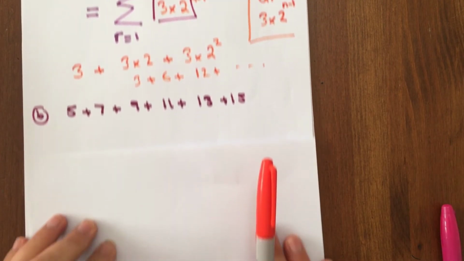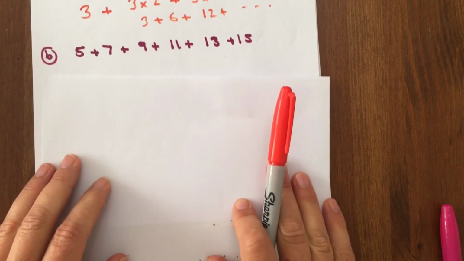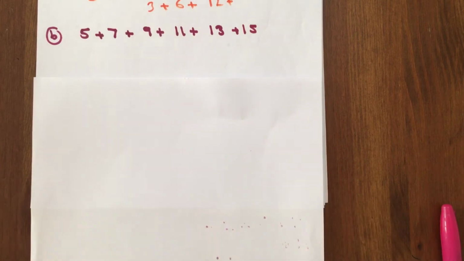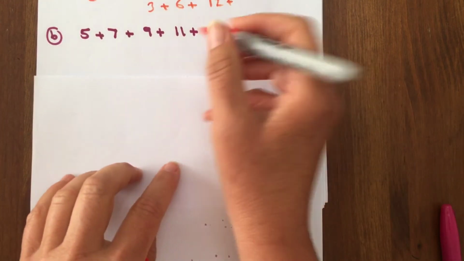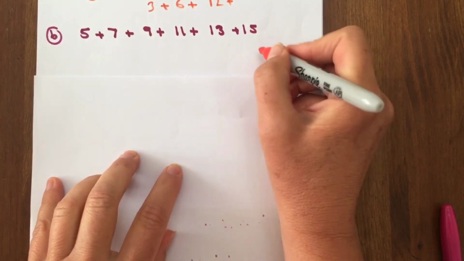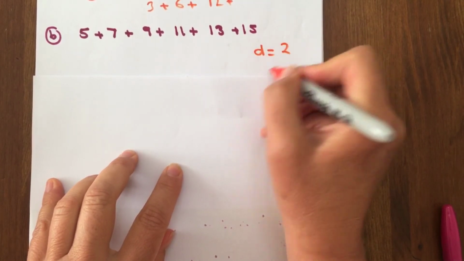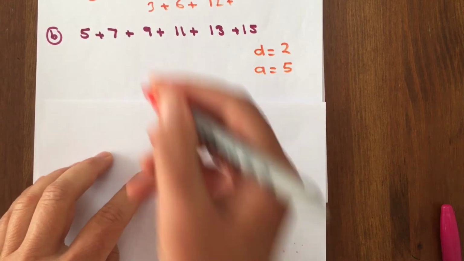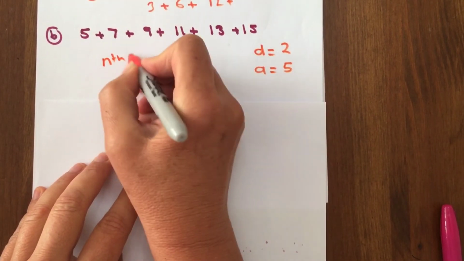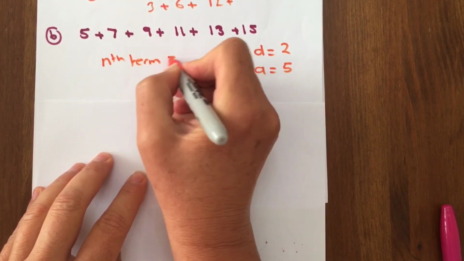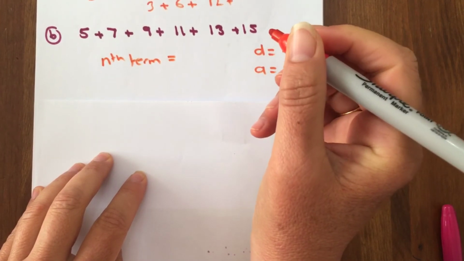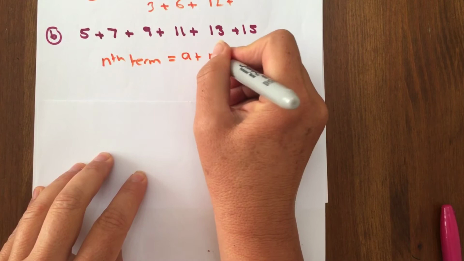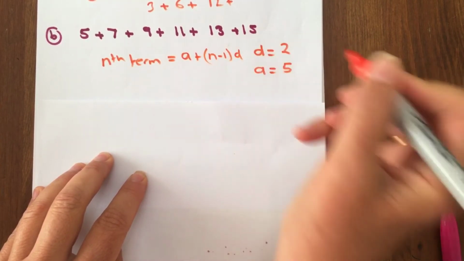What about this one here? Now this time I haven't got a geometric sequence, I've got an arithmetic sequence, because I've got a common difference now of d. So I can see d is 2, a is 5. So what's the formula for the nth term? Well, that will be a plus (n minus 1)d.